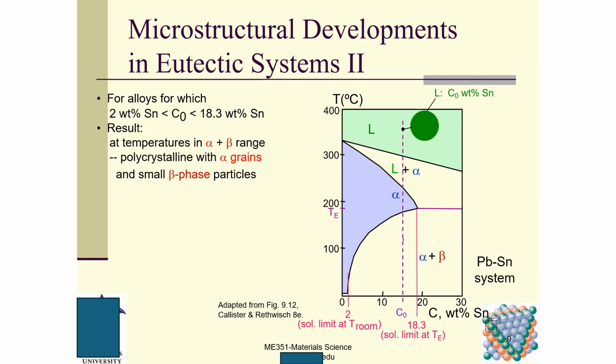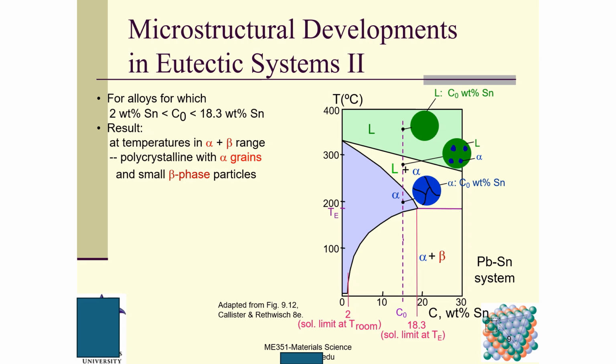Here it is all liquid phase, and with solidification started, we will have solid alpha particles as shown in this circle. If we go into this shaded area, we will have polycrystalline alpha phase.